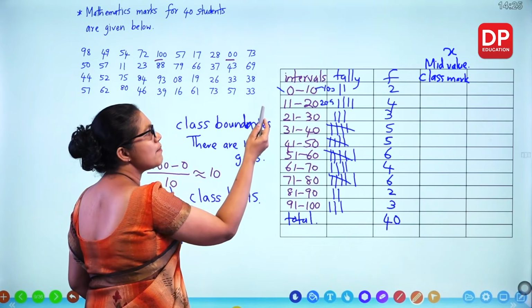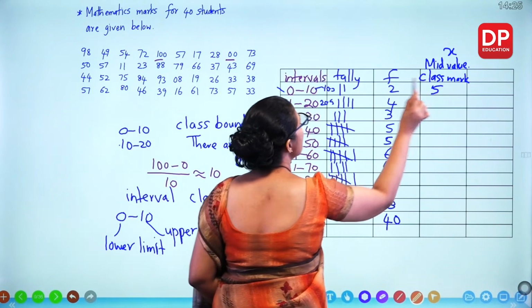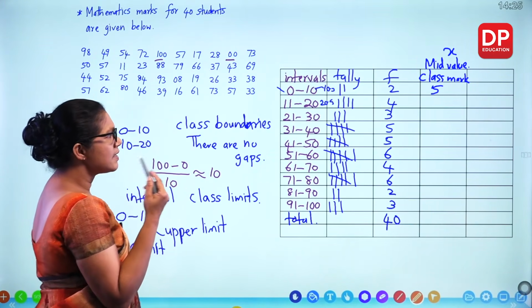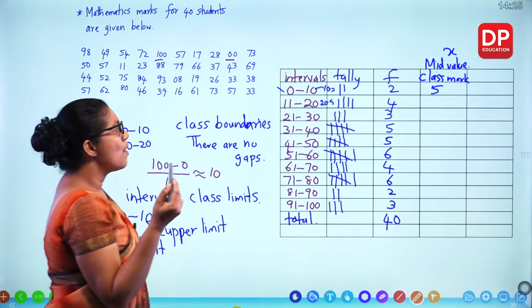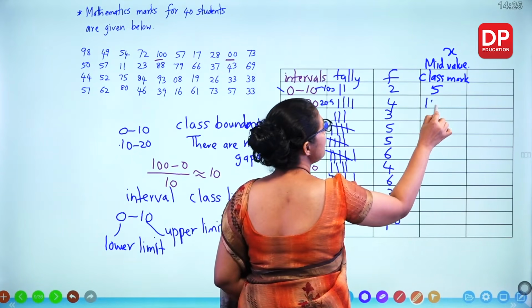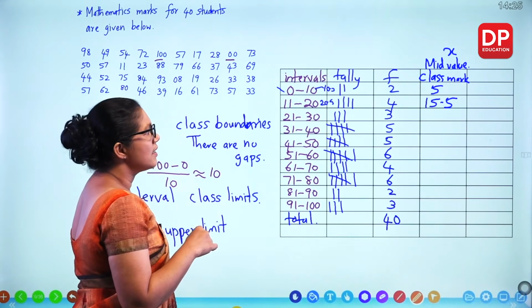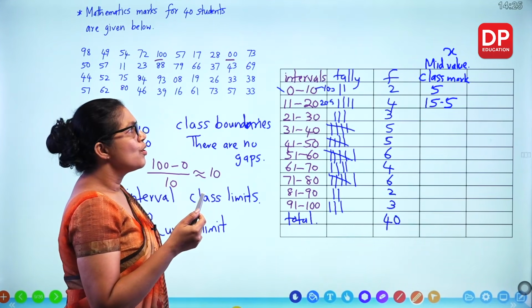0 plus 10 divided by 2, you get 5. 11 plus 20 is 31. 31 divided by 2, 15.5. So likewise, you can find out the class mark. And then what you do?